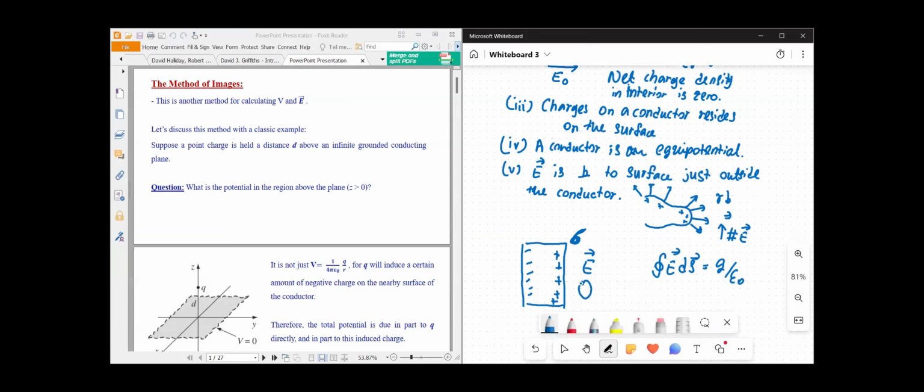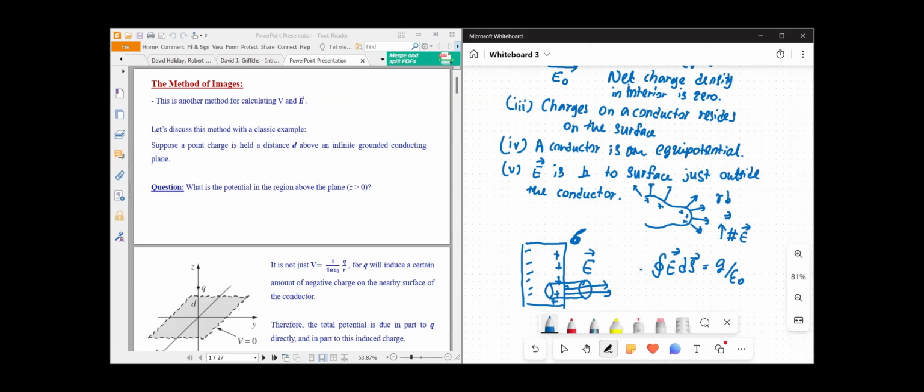So I will consider a cylindrical Gaussian surface covering this just outside the surface. Now we know electric field lines are perpendicular to the surface and there is no electric field inside the conductor. Therefore, electric fields will not be here. Those will be cancelled out.